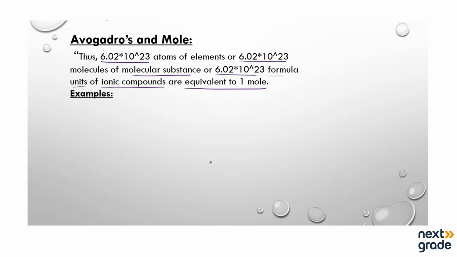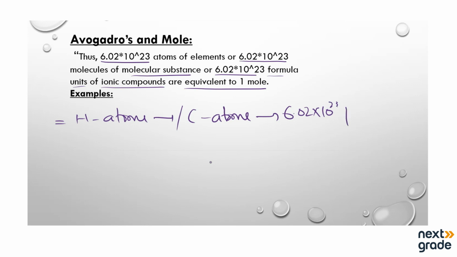If we have 6.02 × 10^23 atoms of any substance, for example hydrogen atoms or carbon atoms, it means it is 1 mole.